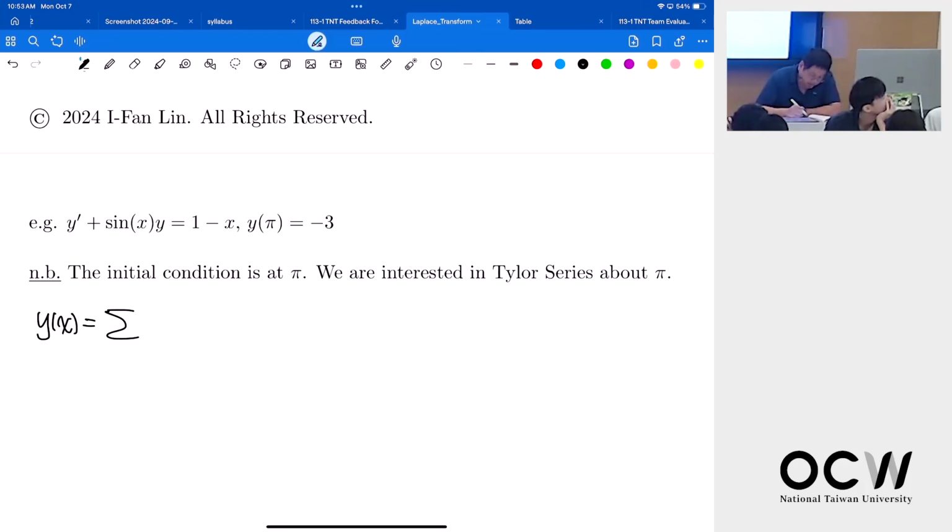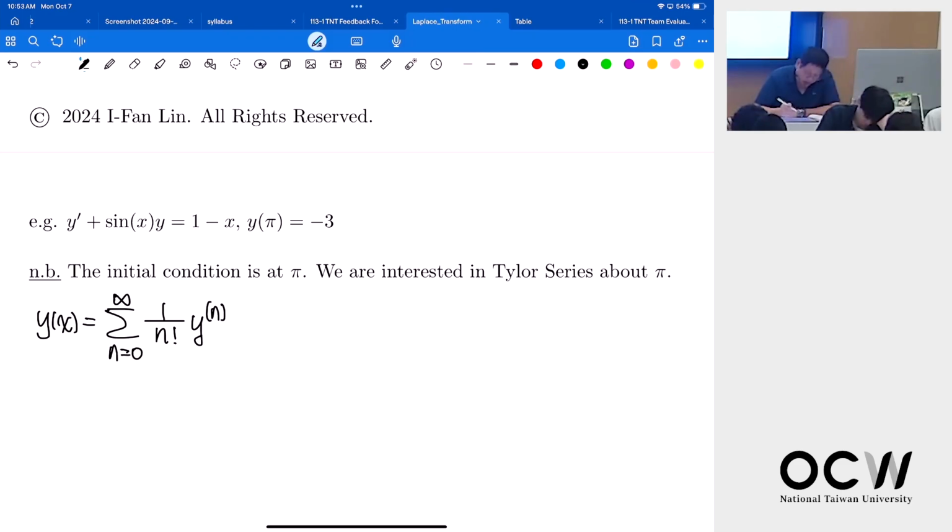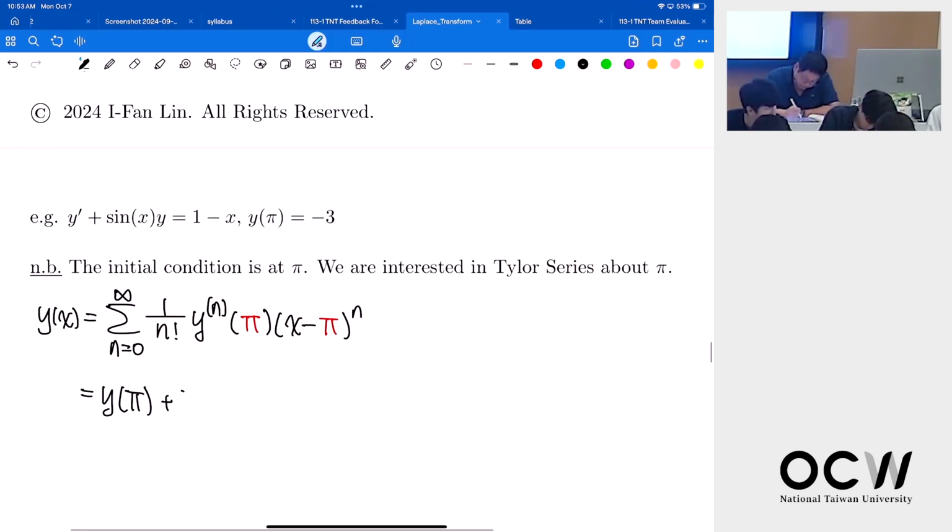So that's the summation n from 0 to infinity, 1 over n factorial, nth derivative at pi, and x minus pi to the n. You will have y of pi. When n equals 1, you have y prime of pi times x minus pi.